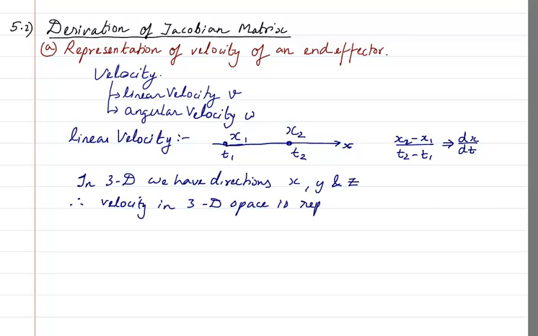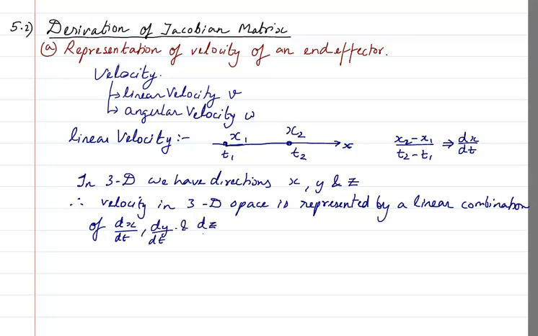So it's represented by a linear combination of dx by dt, dy by dt, and finally dz by dt.